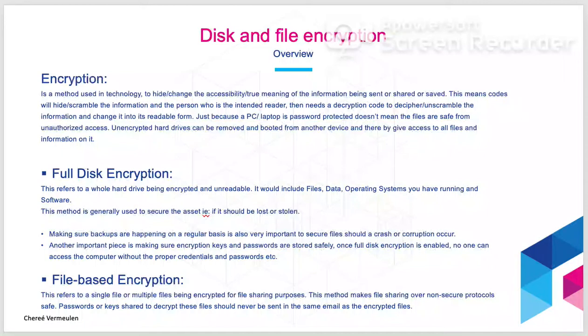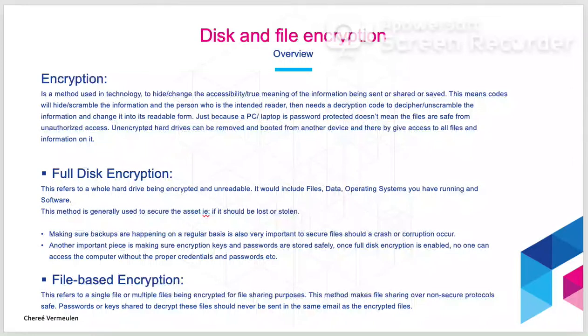Now, full disk encryption refers to the whole hard drive being encrypted and unreadable, which means that files, data, operating systems, which would be running on the hard drive, would all be inaccessible or encrypted. So this is generally used to secure the asset, for example, if it is lost or stolen.